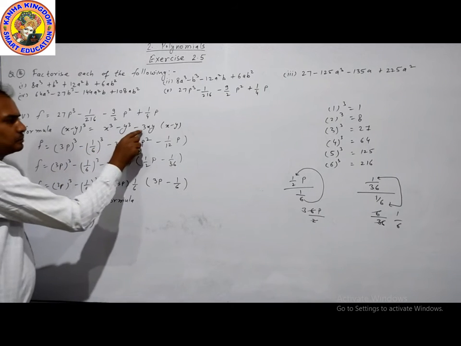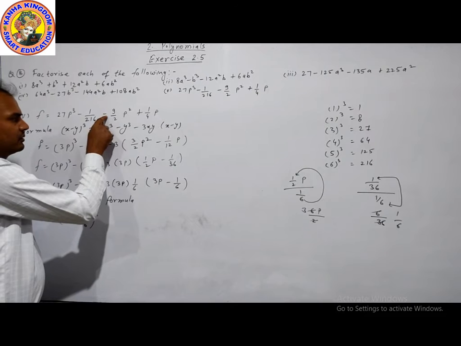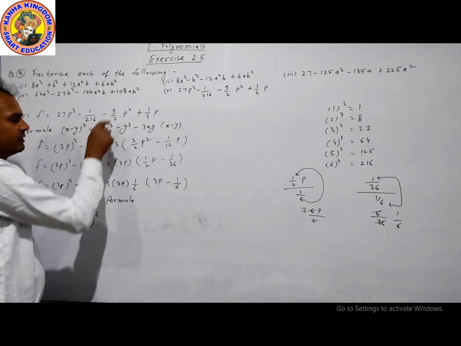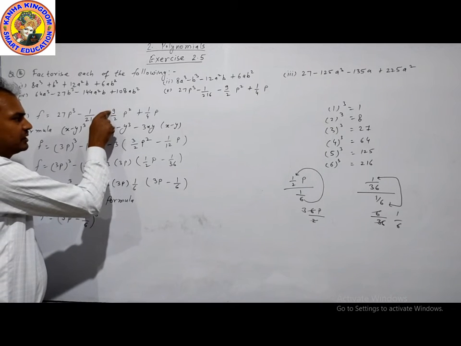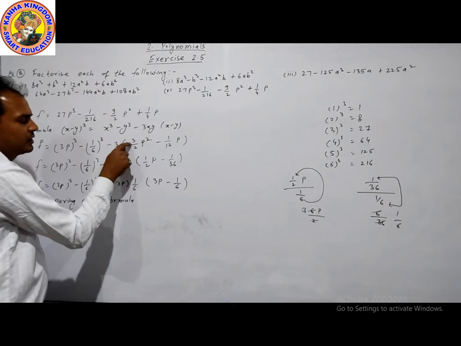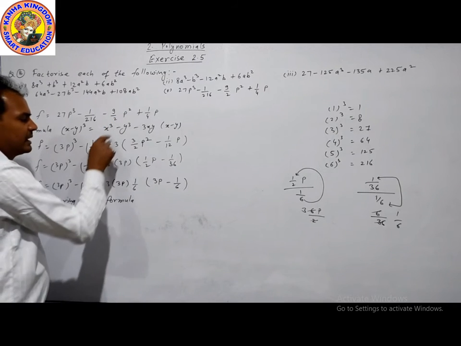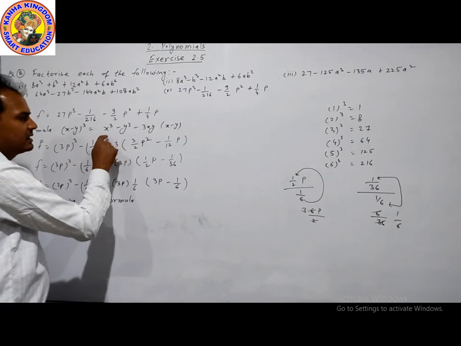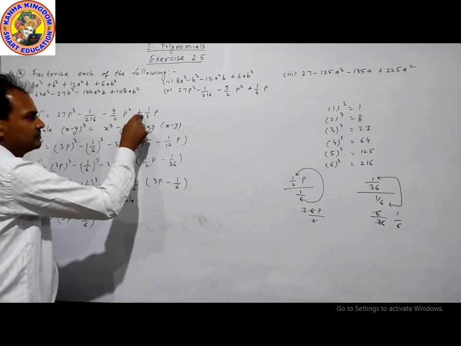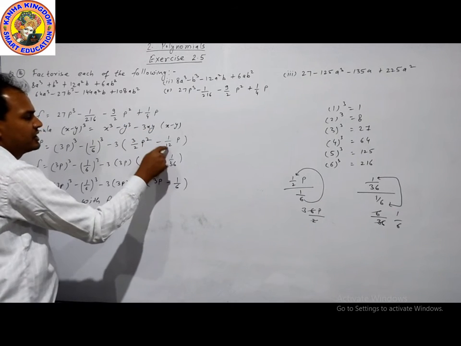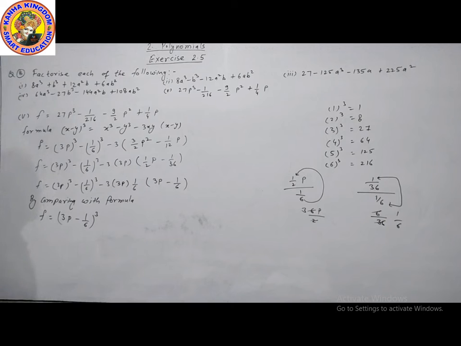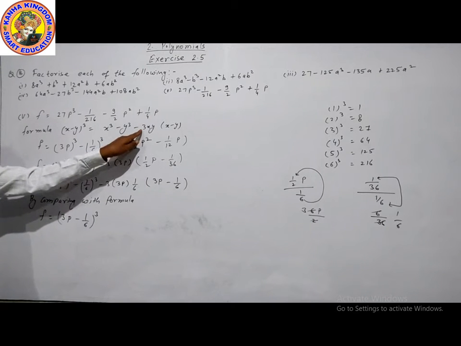Now taking minus 3 as common, when dividing by 3, this will be 3 by 2 p square, taking minus as common, so this will be minus. Now dividing by 3, 3 times 4 is 12, this is over 12p. Taking minus 3 as common.